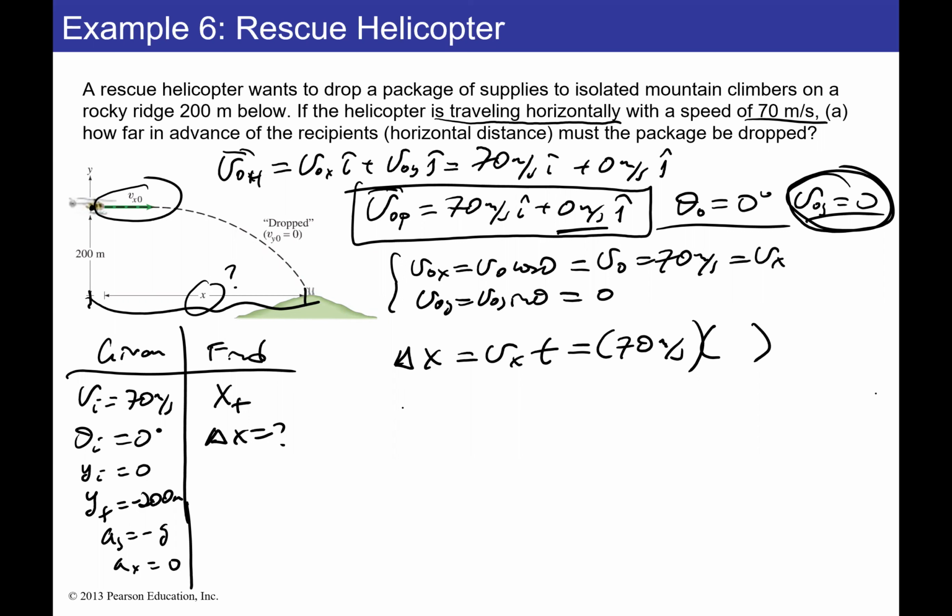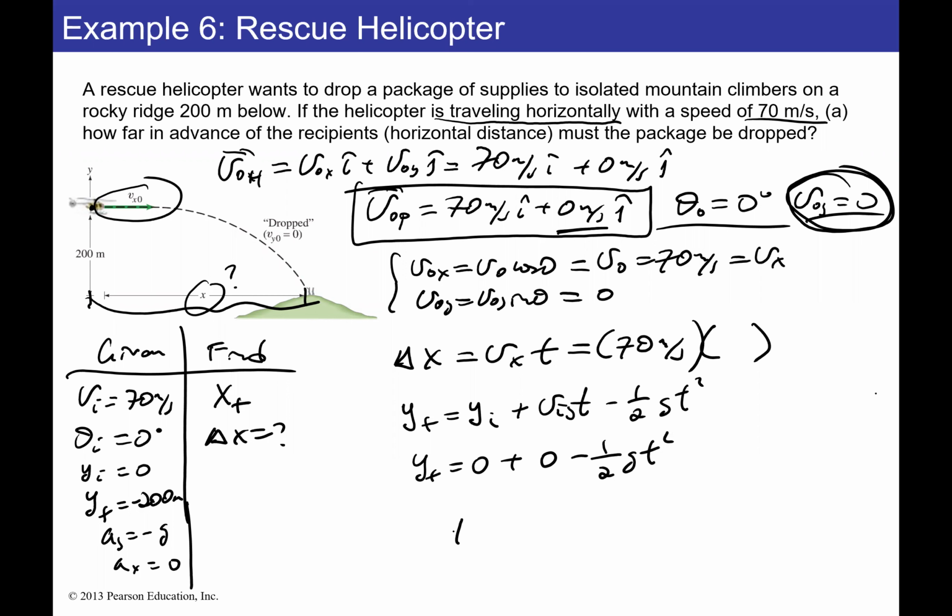And that's basically this: y final equals y initial plus v initial in the y direction times time minus 1/2 g t squared. So y final, this term is zero because v initial is zero, then minus 1/2 g t squared. Again, rearrange and so forth, time will be negative 2 times y final over g. And we already did a similar thing, right?